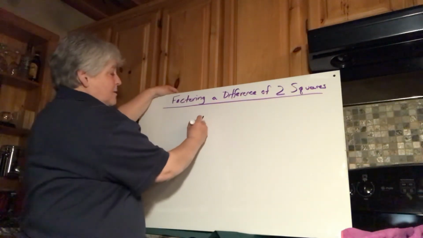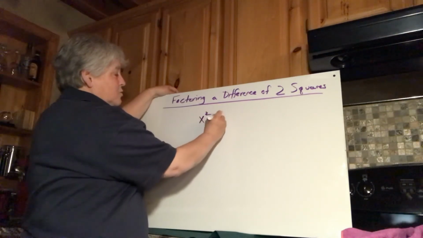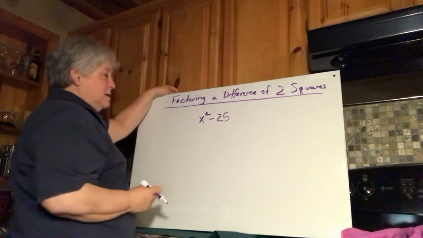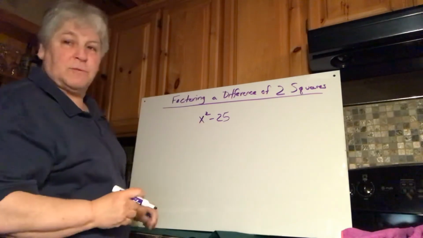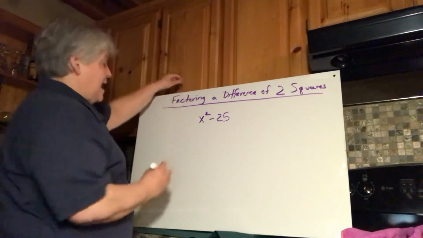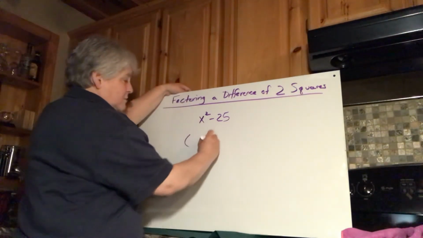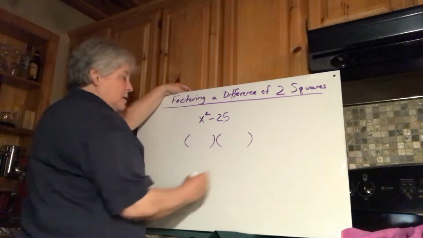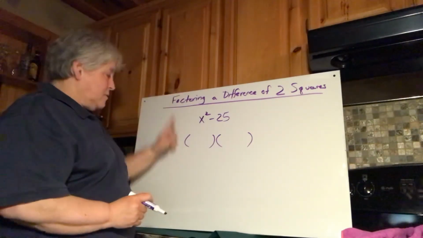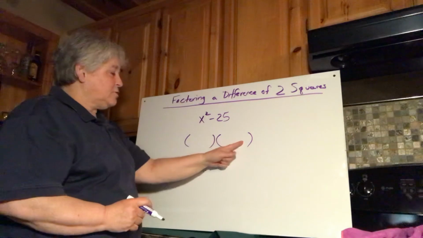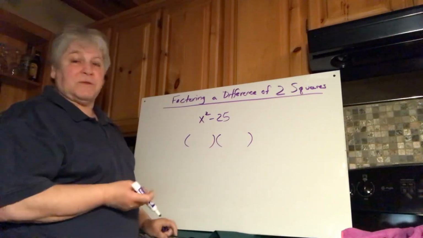If I gave you x squared minus 25, this is one of those two-term things that factors into two sets of parentheses. Most of the time, 2 terms times 2 terms gives us 3 terms in the end.